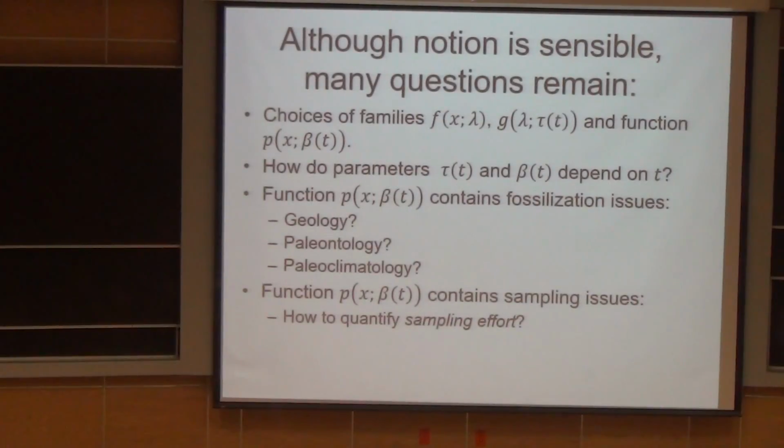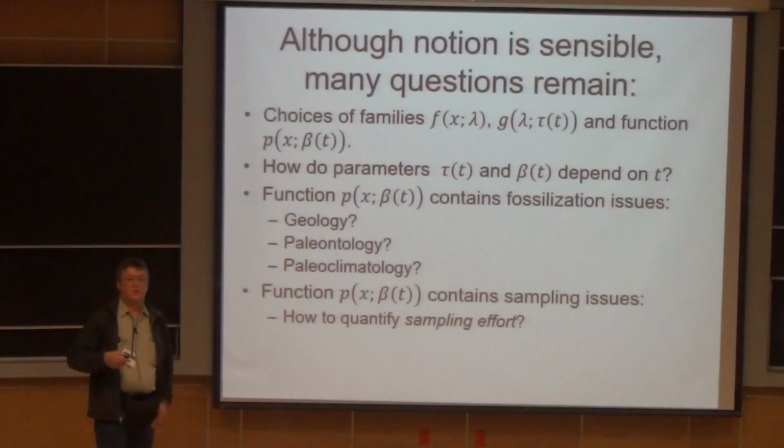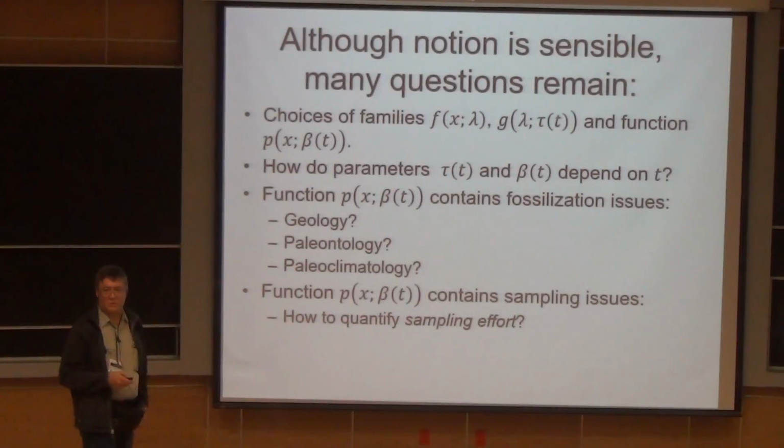Now there are many modeling questions that remain open. What is the selection for the densities that participate here, or the detection function? Furthermore, how do they depend on T? And then this detection probability contains things that have to do with geology or with climate.